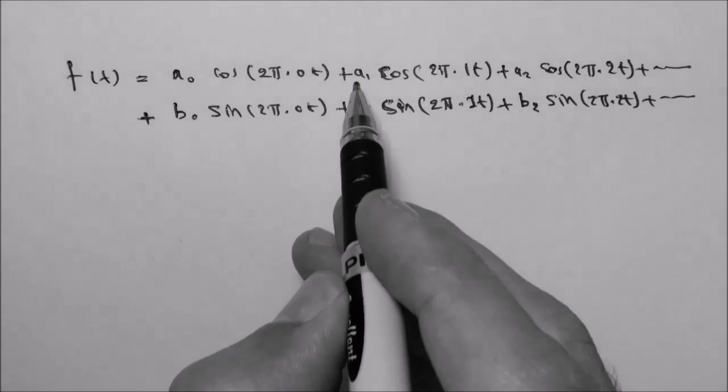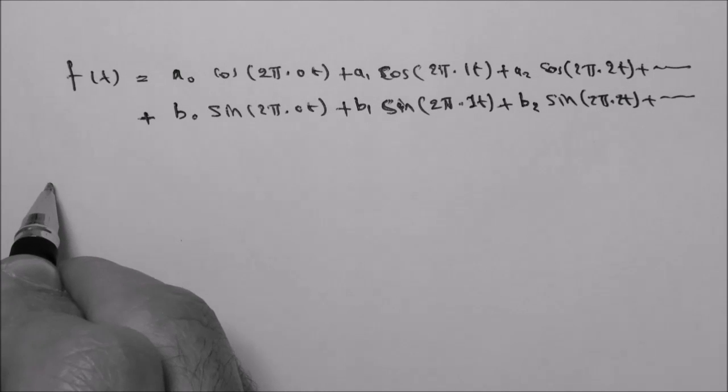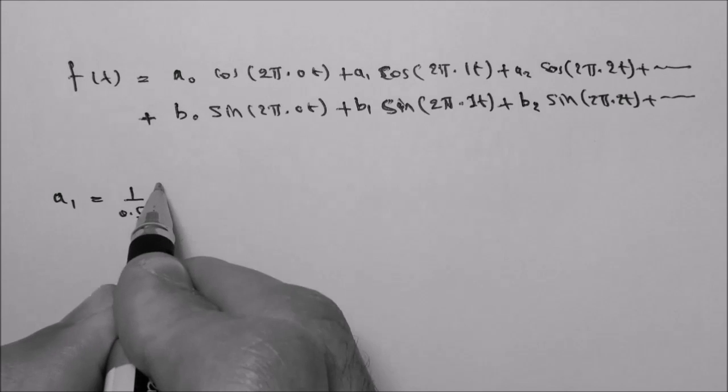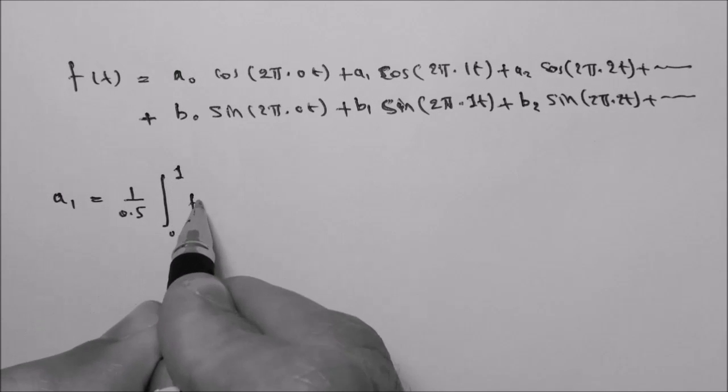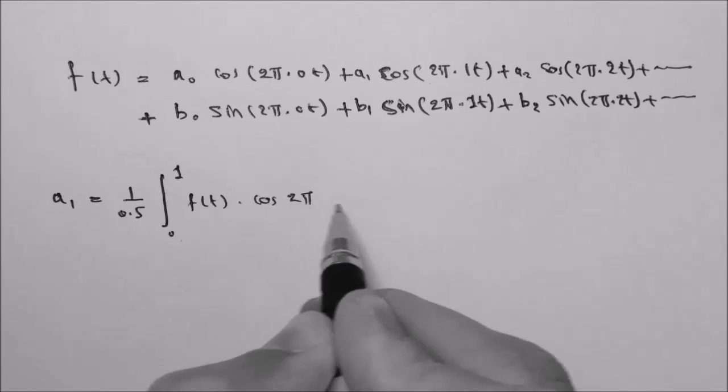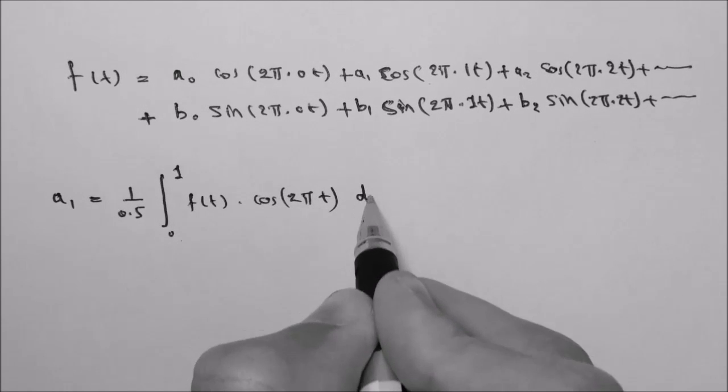Now when you need to find a1, for example, what do you do? So you find a1 equals 1 over 0.5 integration from 0 to 1 of f(t) times cosine 2πt, a 1 hertz component, dt.